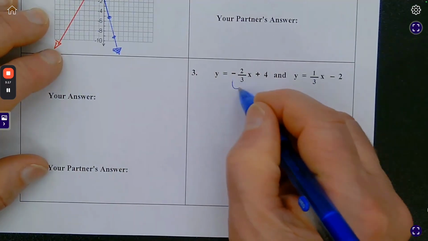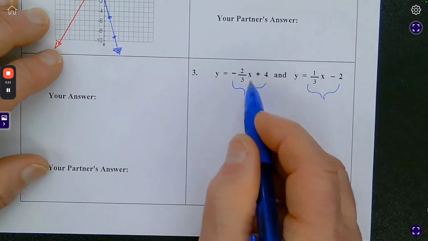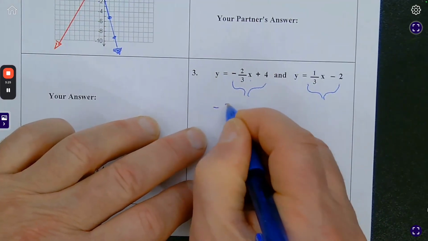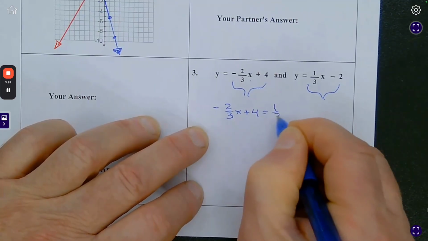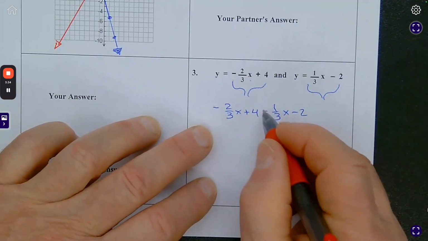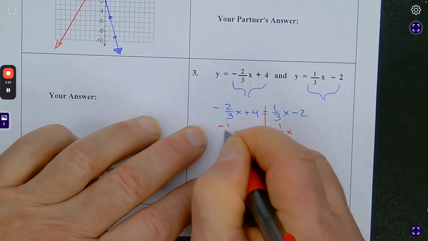Set this rule equal to this rule. That's the rule that changes the input to the output, right? It's a two-variable equation. So input, output. We're looking for the one input and output that is the same for both. Woo! Subtract 1/3. This ain't too bad.